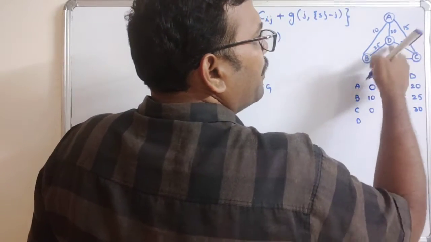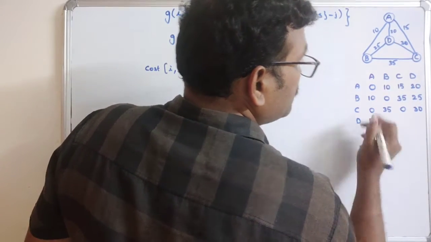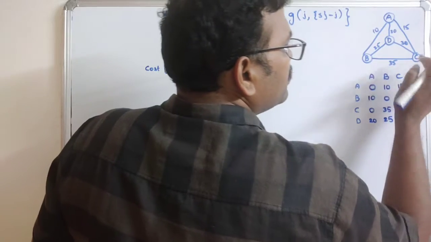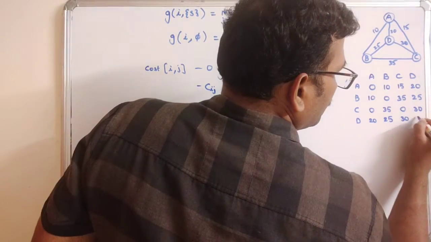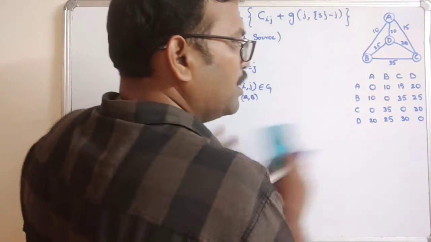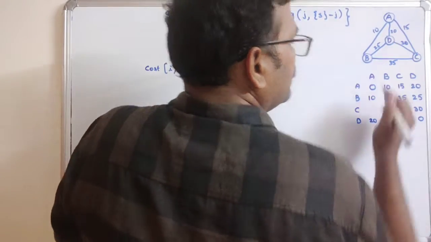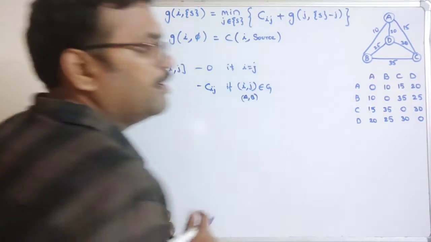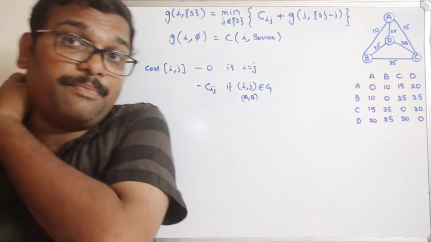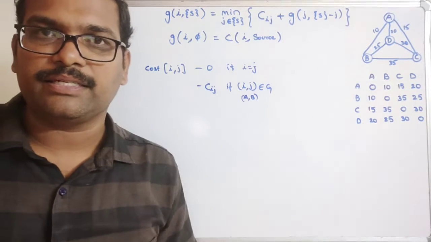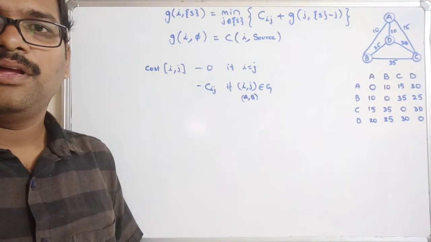Similarly, D to A, it's 20, D to B, it's 25, D to C, it's 30, and D to D is 0. Sorry, C to A is 15, it's not 0. C to A, it's 15, right? So this is an adjacency matrix. This represents the cost from one edge to another. It's clear.